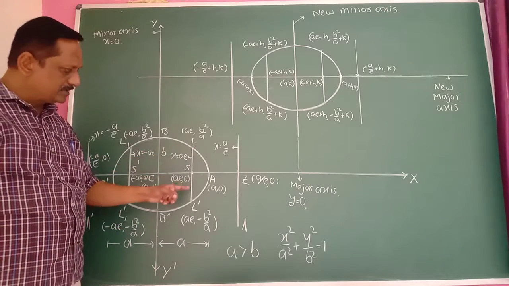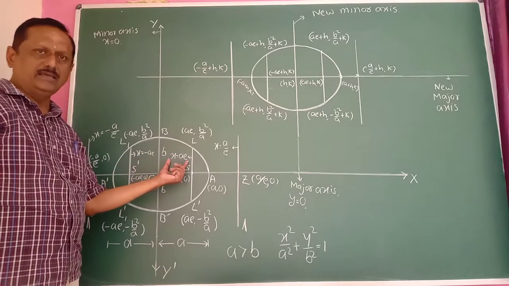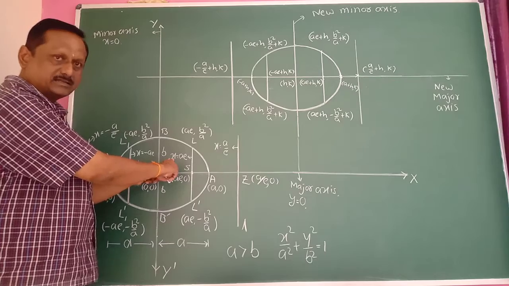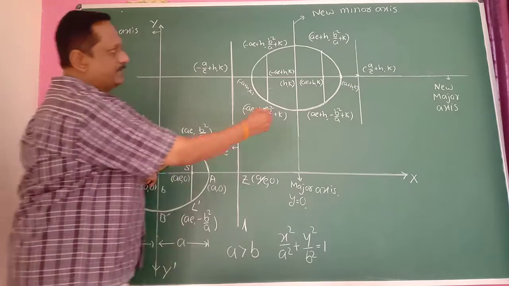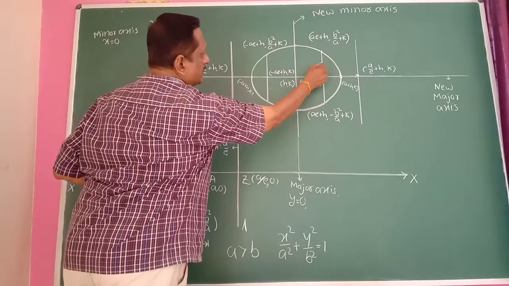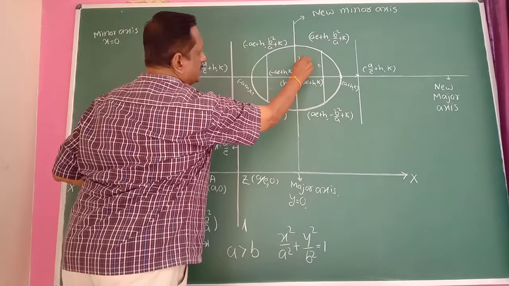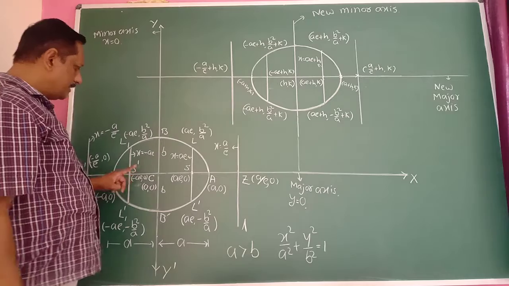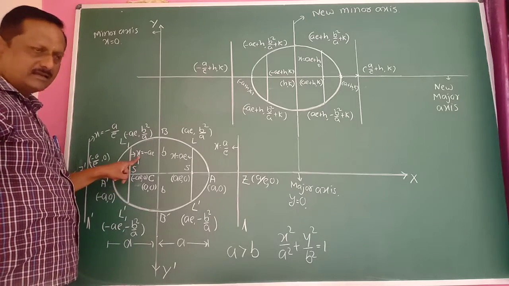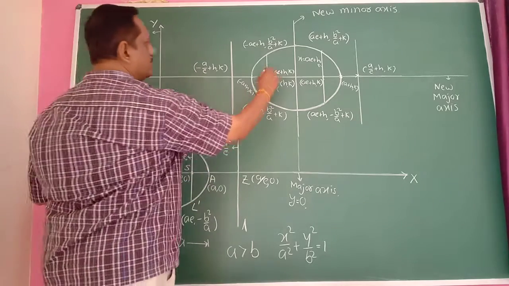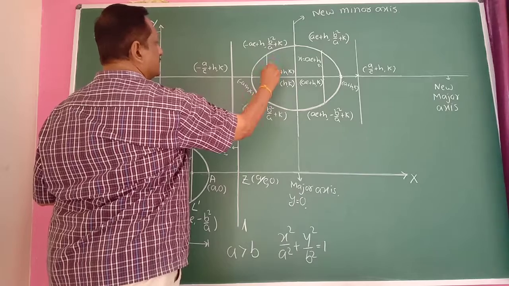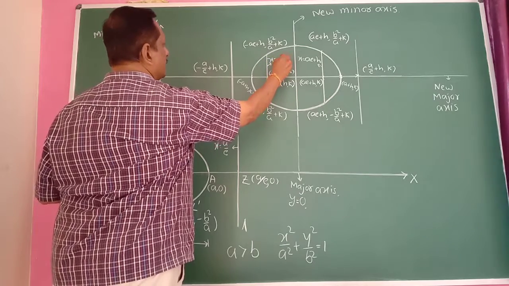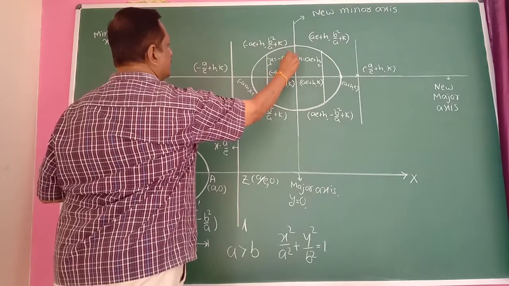The equation of this latus rectum is x equal to ae. Where there is x, add h. Therefore, the equation of this latus rectum is x equal to ae plus h. Here also, add h: the equation of this latus rectum is x equal to minus ae plus h.